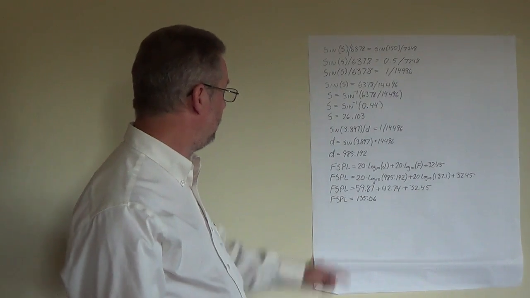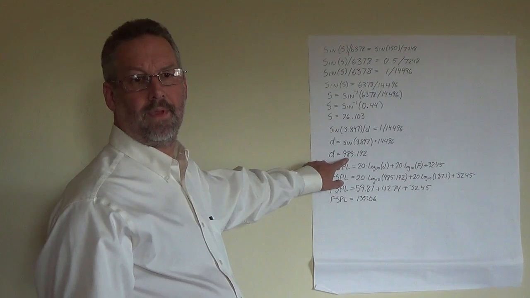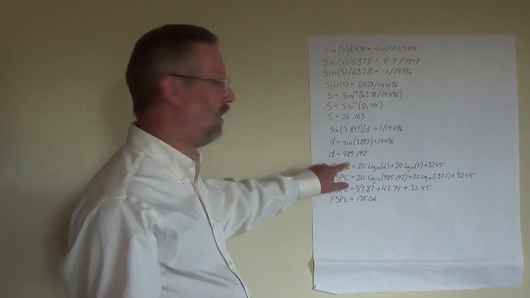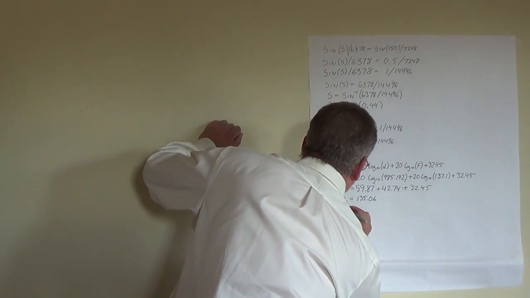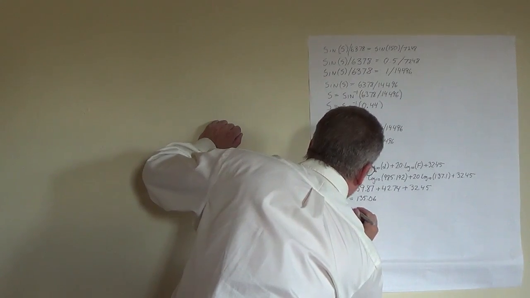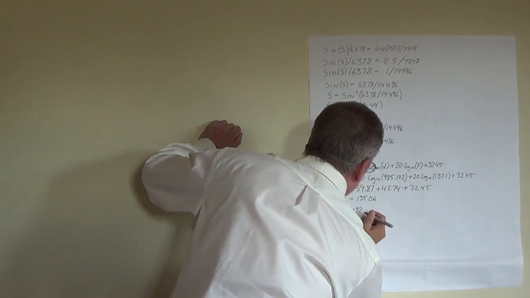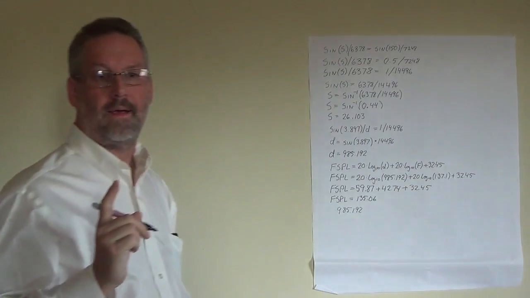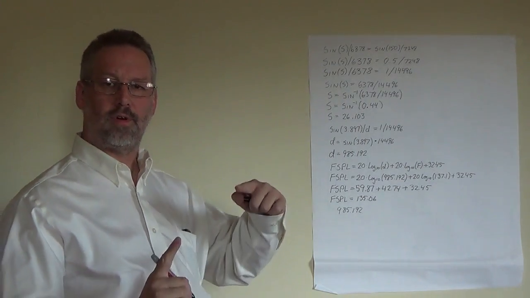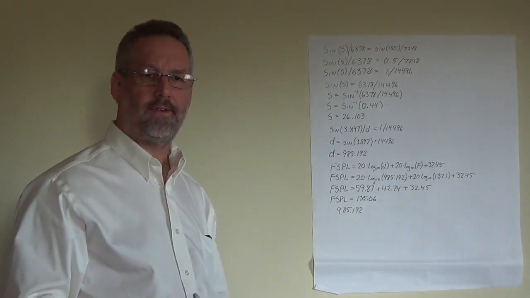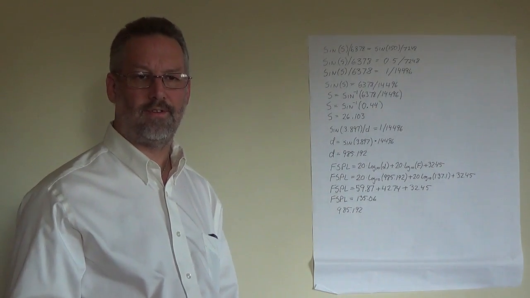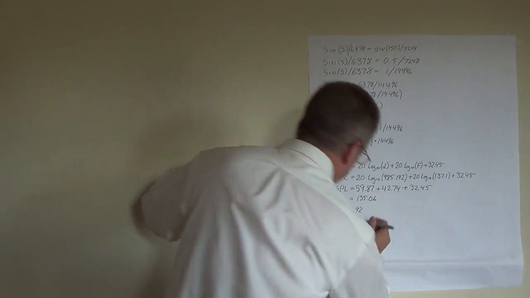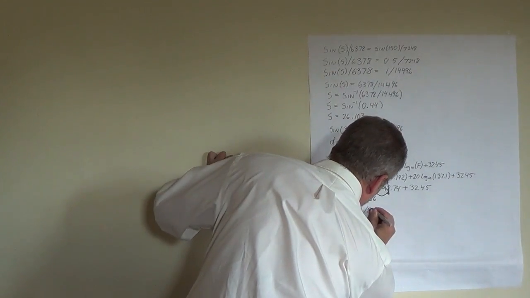We have our slant range of 985.192 kilometers, and we know that the vertical, the altitude that NOAA 19 is orbiting, is 870. So let's make that a ratio over 870.